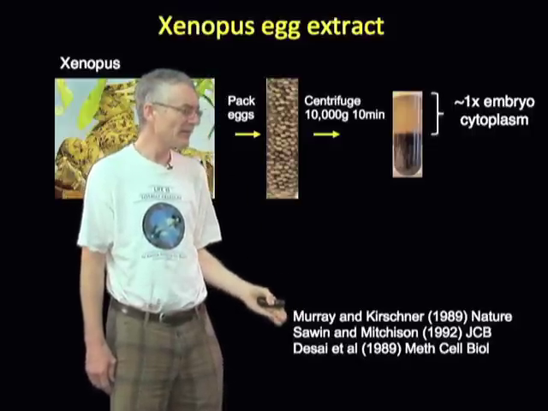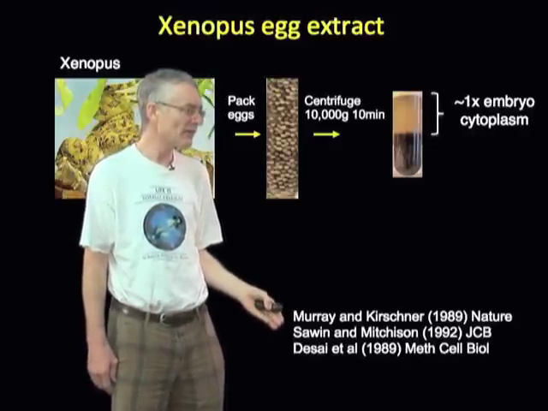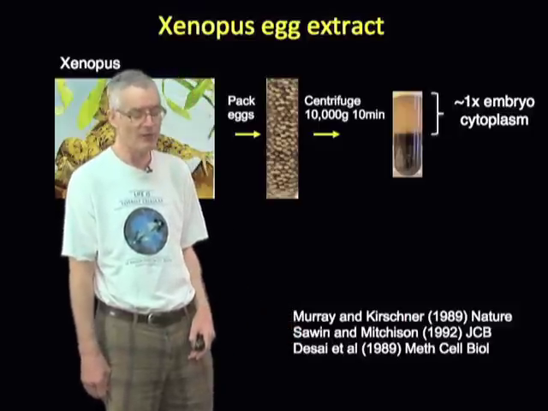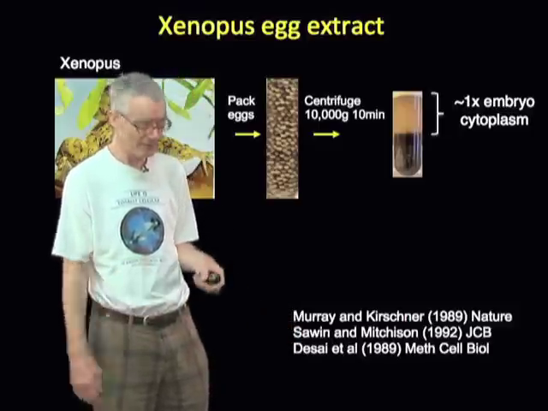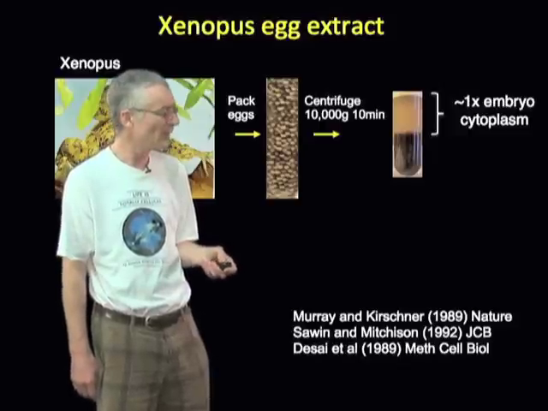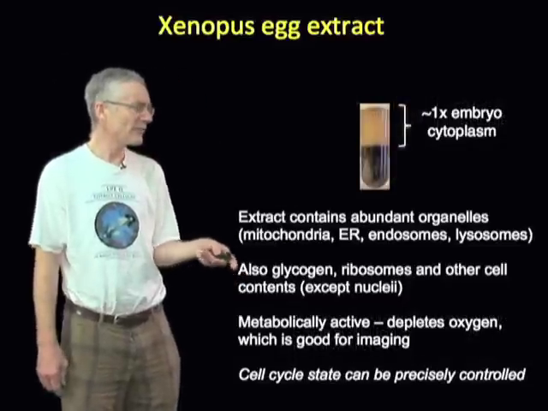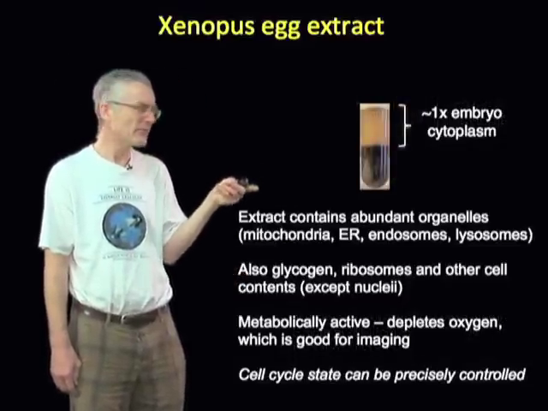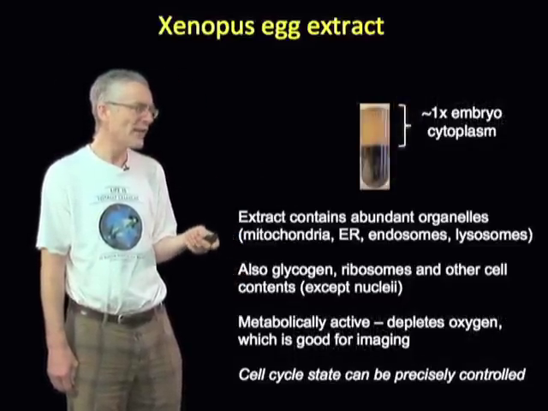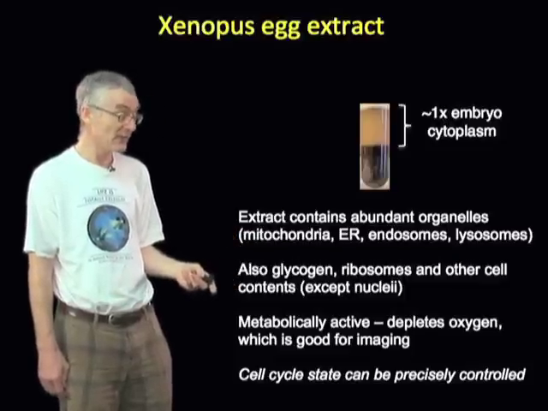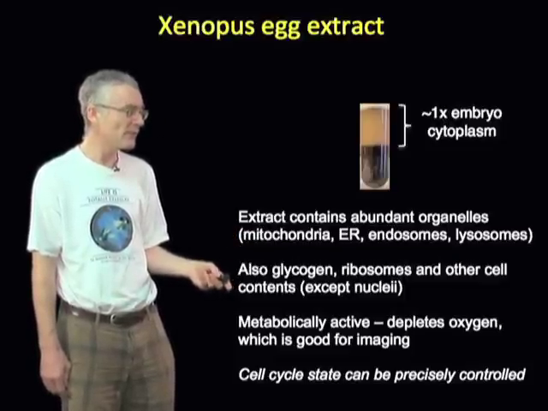This is a method developed by Andrew Murray when he was in Marc Kirschner's lab, and my very first PhD student, Ken Sawin, implemented this system for studying meiotic spindle assembly. This extract, as I say, is really cytoplasm. It contains abundant organelles, mitochondria, ER, etc. It also contains glycogen, an energy reserve, and ribosomes to make proteins.